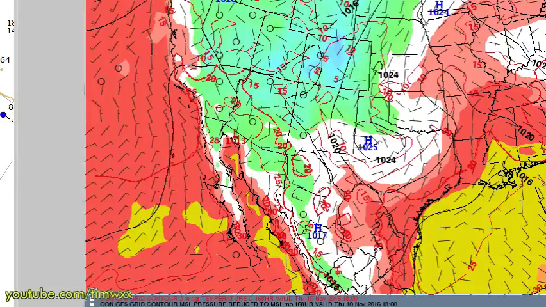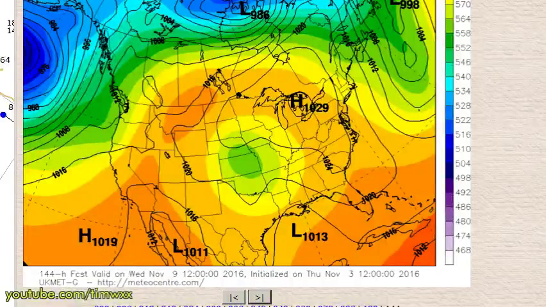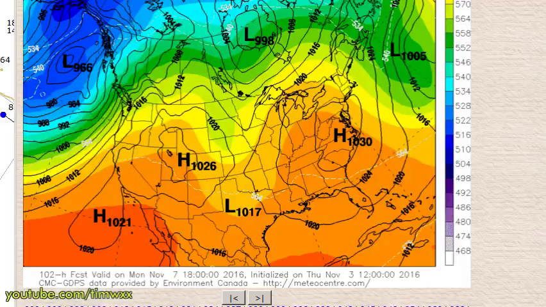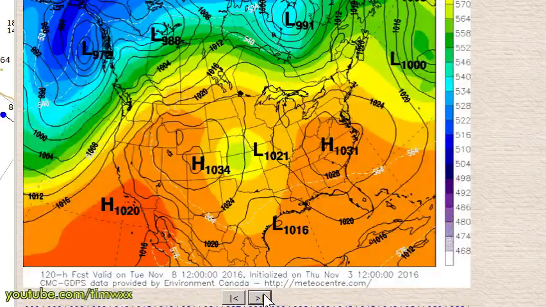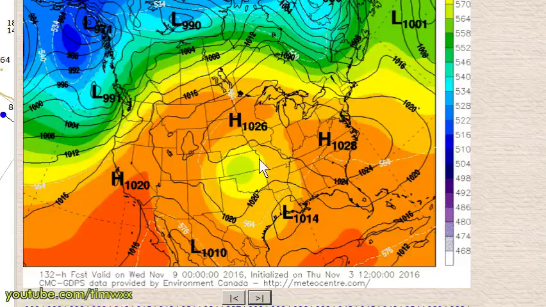So yeah, the UK Met going for a slightly different solution, and here's the CMC model, the Canadian global model. Got the setup for the 7th right here. Run that forward, 108 hours. Yeah, it's bringing that cold blob southward. So the ECMWF is the outlier on this particular scenario.